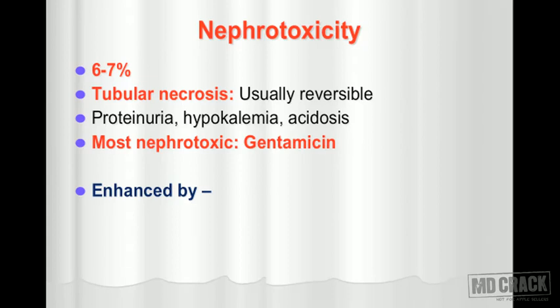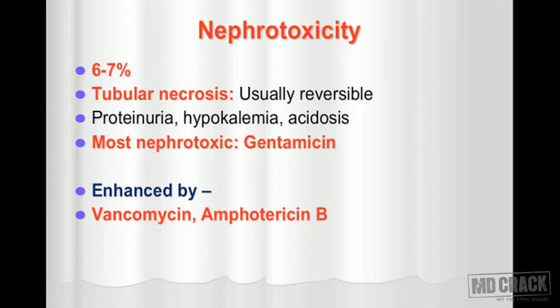Now, you need to take precautions if your patient is receiving aminoglycosides and is simultaneously receiving other drugs which are also nephrotoxic. Have a look at the slide. Nephrotoxicity by aminoglycosides is enhanced by which drugs? Firstly, vancomycin.